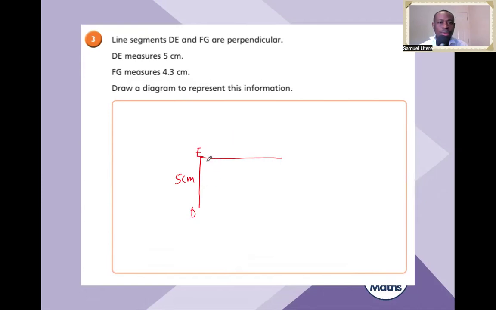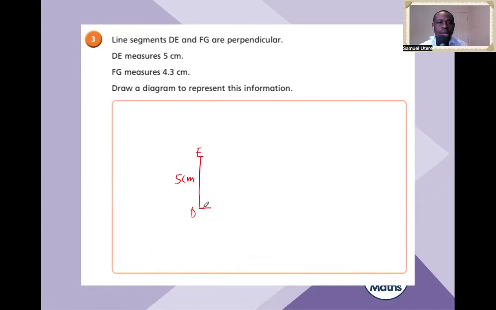And then you have, let's rub this off because it's not going to look like that because there are 2 separate line segments. And then you have FG, they are perpendicular. So FG measures 4.3 centimeter. So for me, if I were you, I would put a set square here and use a little line to form my 90-degree point.